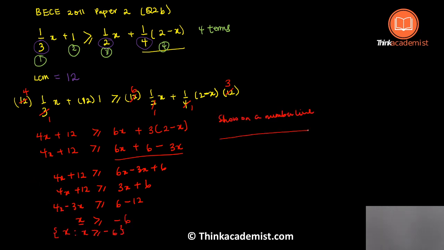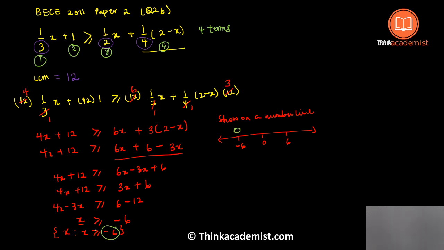Let's draw our number line. And the simplest way to do this, in order not to get confused, is that you just have to take note of the answer. The answer is -6. So -6, obviously, this is the negative side of the number line. Then we'll do the positive answer of it. Now, when we go to our answer, we realize that our answer is negative. So we'll go to negative and then we'll draw a nice circle.